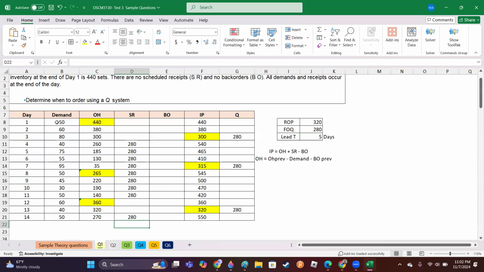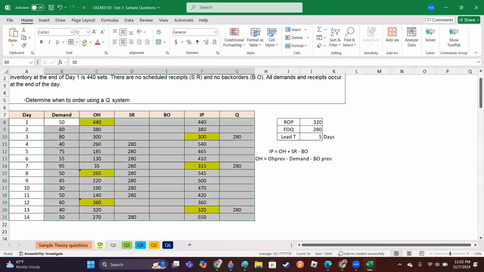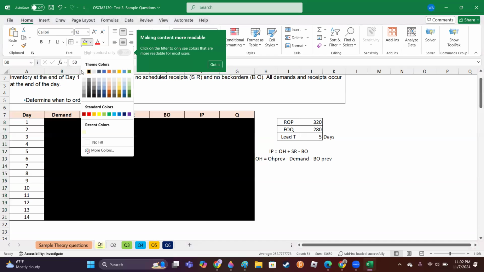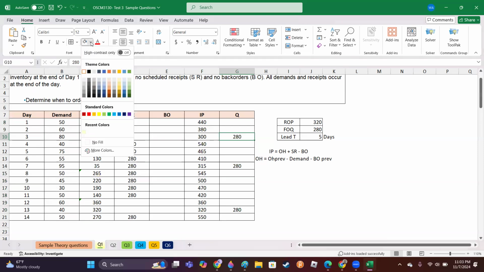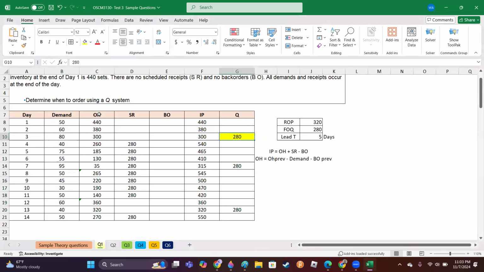Okay. So that completes this question. You've completed every single on-hand inventory calculation, every single scheduled receipt. In this example, there are no back orders. And we've calculated our inventory position. So to answer the question, we basically ordered 3 times. We ordered inventory here.